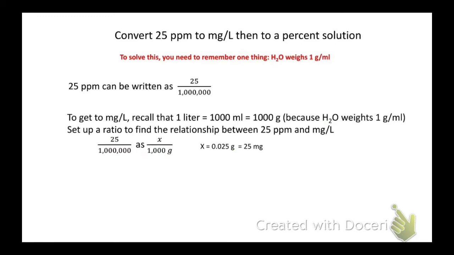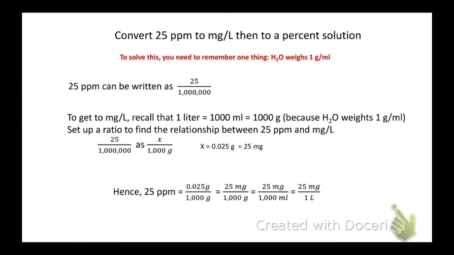And then we can solve for that and find that X is equal to 0.025 grams, and if we move the decimal point over, that means we've got 25 milligrams.